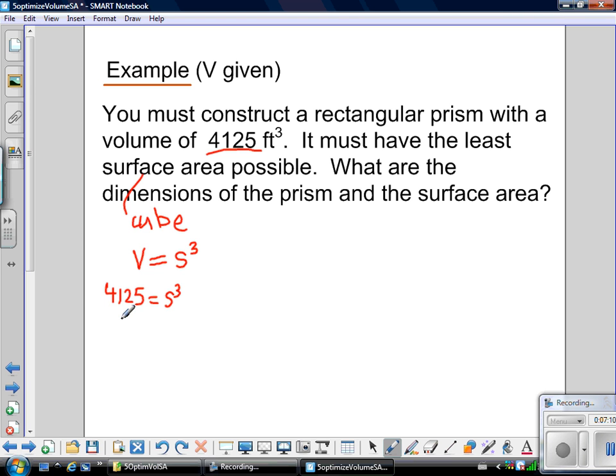A lot of scientific calculators will have a few different function keys for that. Some will have what they call a cube root button, and it'll look like a square root, but it'll have the number 3. I can use that. Or some calculators will have it with the exponent 1/3.